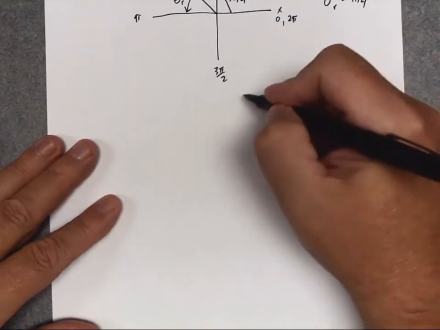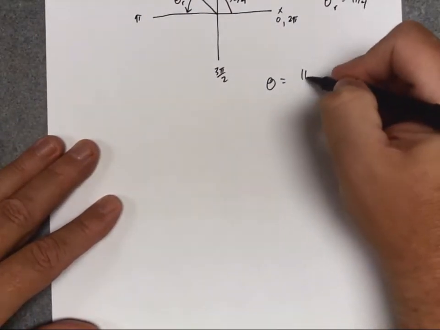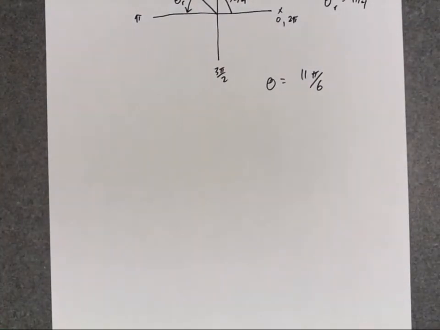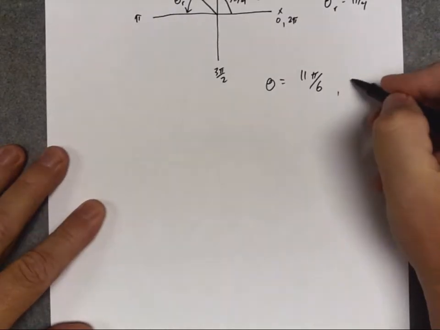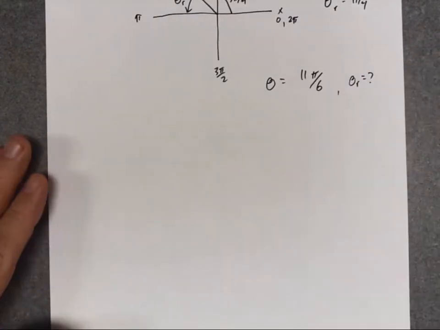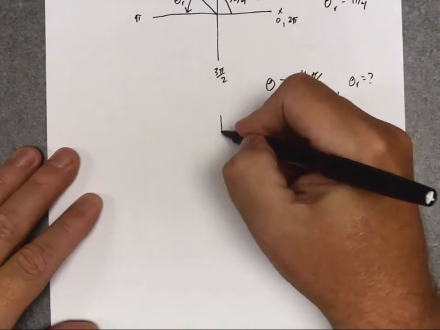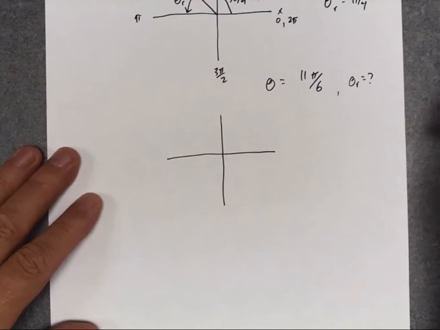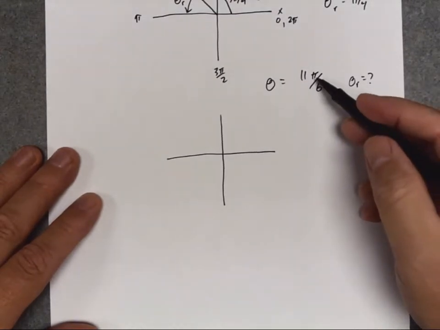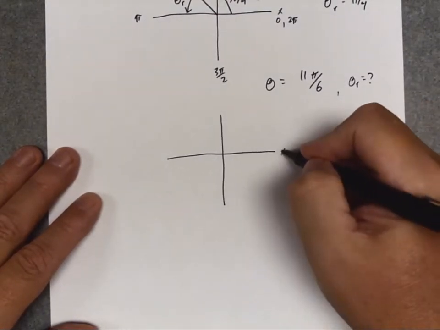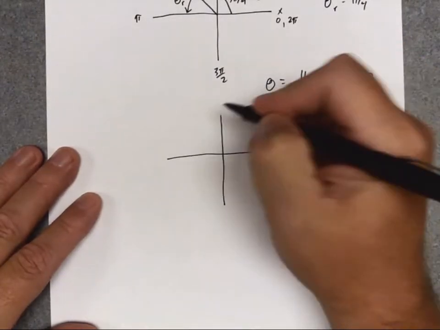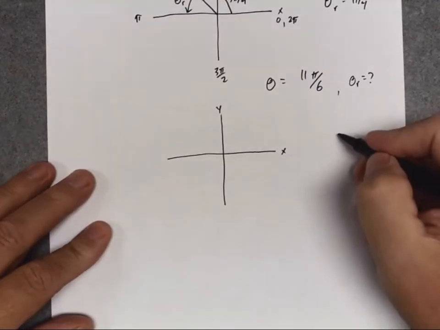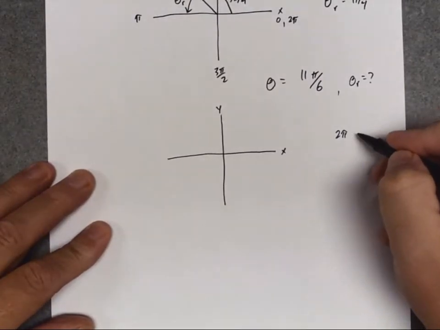Let's go look at an 11π/6 angle. See if we can figure out the reference angle. So 11π/6, this is where you have to be able to start working with fractions. One trip around the unit circle is 2 pi.